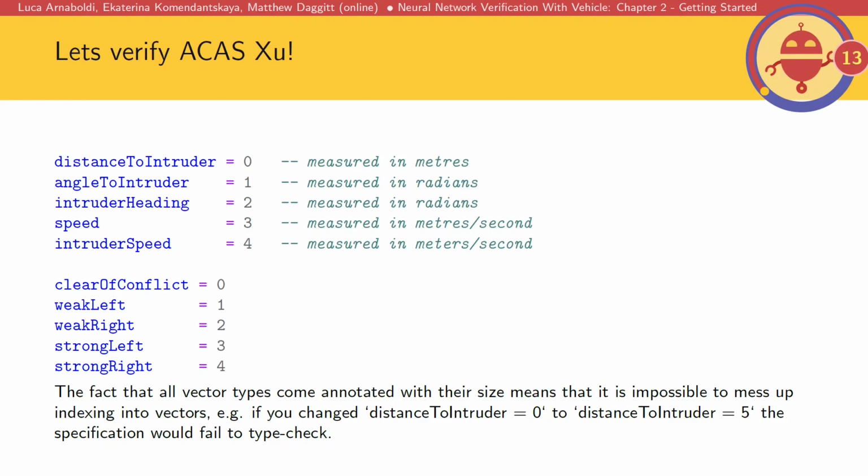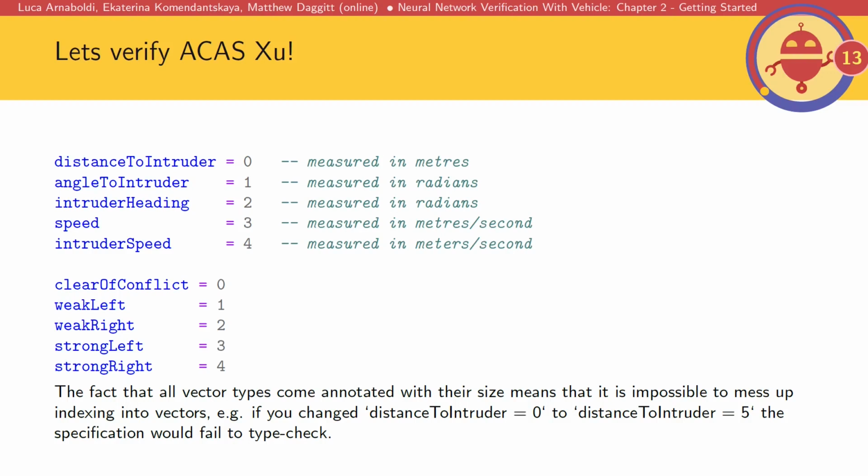This is just introducing a bit more synonyms, really, because it's convenient. Instead of saying, fetch me the vector index number 2 and do this with this, it would be convenient to say, can I please reason about intruder heading or intruder speed? And so we're just giving synonyms to indices of our vectors, because it will make for a nicer spec. We didn't have to.